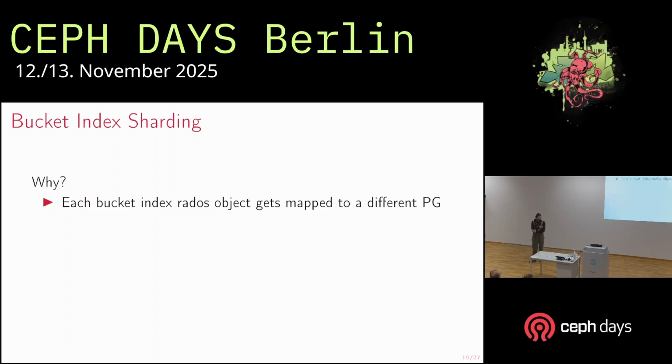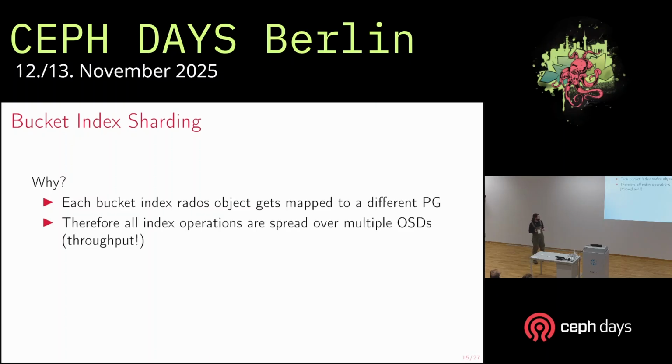And why do we shard? Because each index object, each of these RADOS objects you saw on the slide before, goes to a different PG, and if it's a different PG, it's a different OSD. And then we can exploit the parallelism of that for the bucket index.